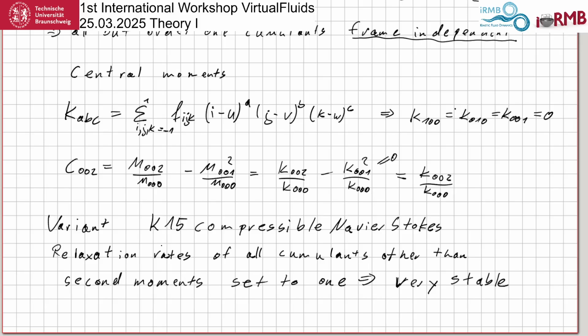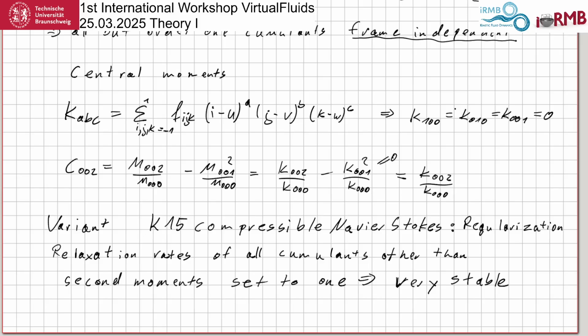It's not necessarily the most accurate way. And putting everything that you don't care about to equilibrium, in Lattice-Boltzmann this is called regularization. The definition is that everything not related to the shear viscosity is put to equilibrium.